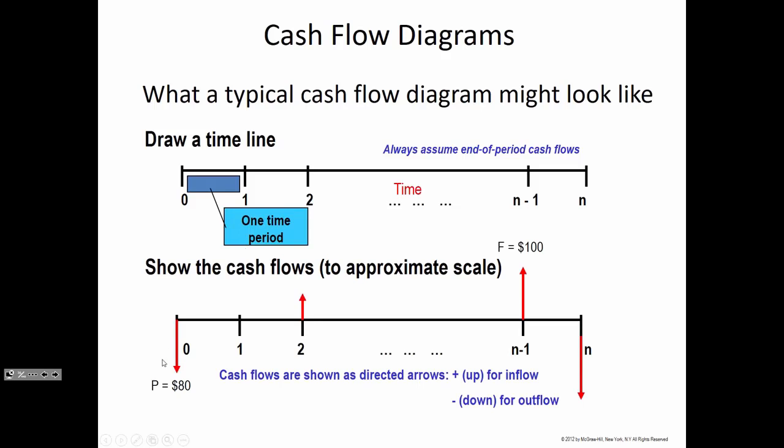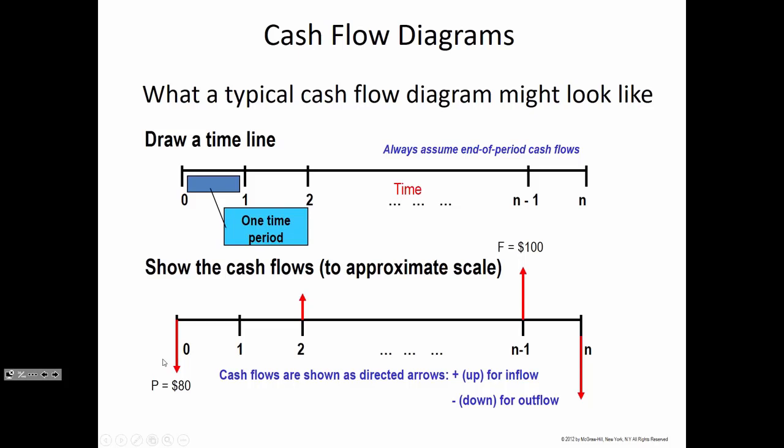The length of the lines is approximately supposed to represent the amount of a cash flow. And like we were talking about before, inflows are pointing up and outflows are pointing down. It's also customary to, in addition to writing the amount next to the line so that you can know how much the inflow or outflow is, write these variables.